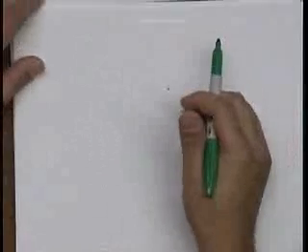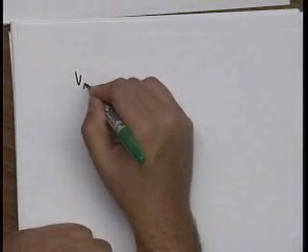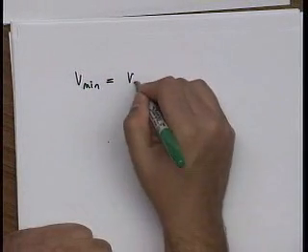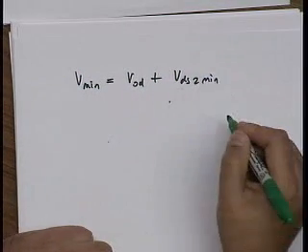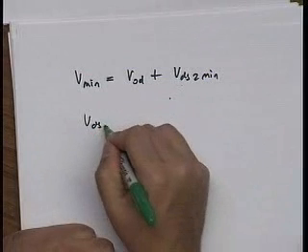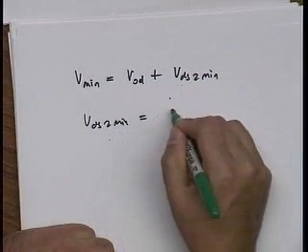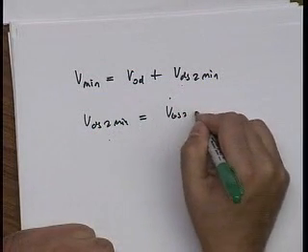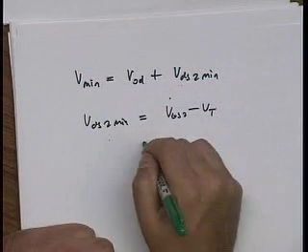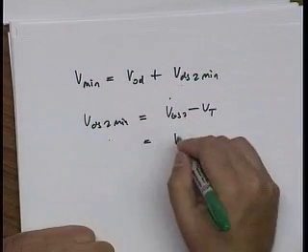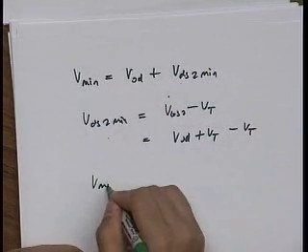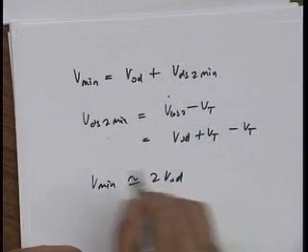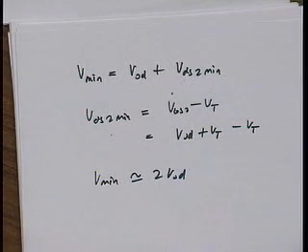So let's do that calculation a little bit carefully. So V min is basically a V overdrive plus VDS2 min, right? And so VDS2 min is equal to VGS2 minus VT, right? And what's VGS2? It's also V overdrive plus a VT minus a VT. So V min is approximately 2 times the overdrive voltage.